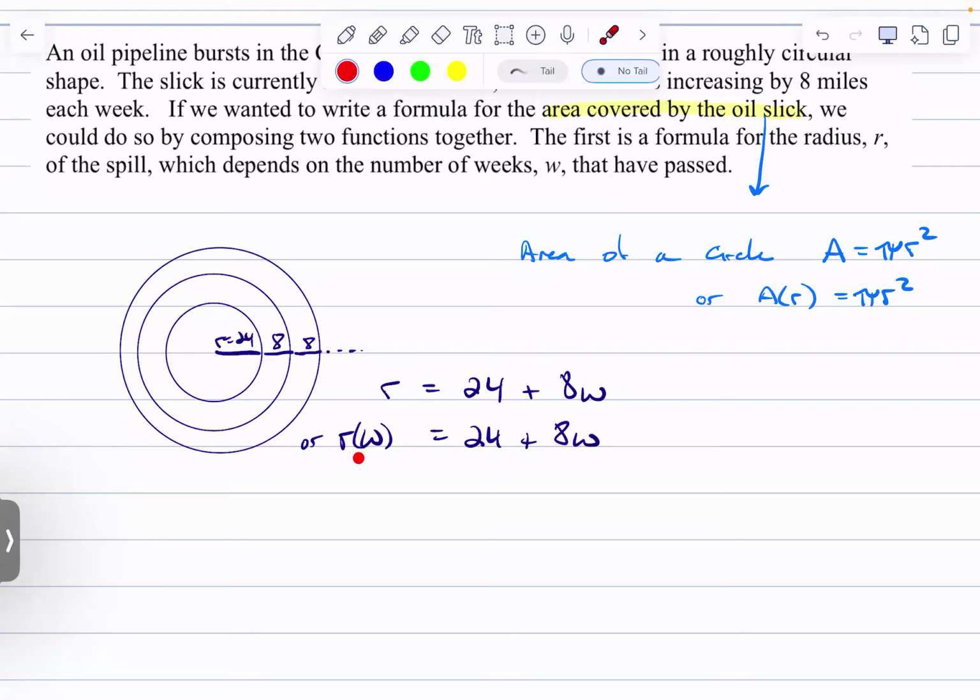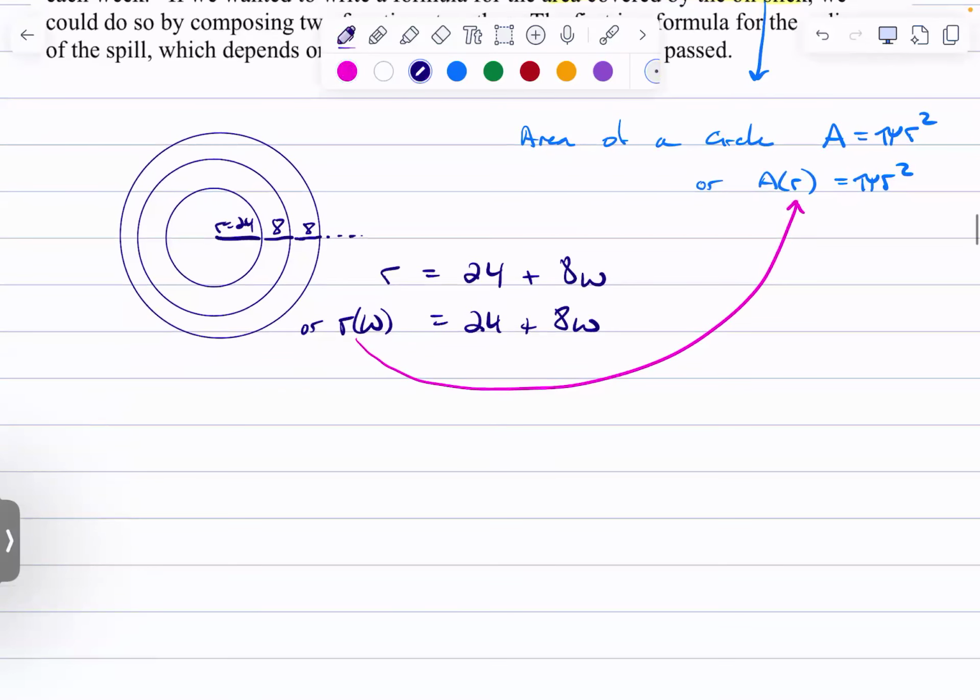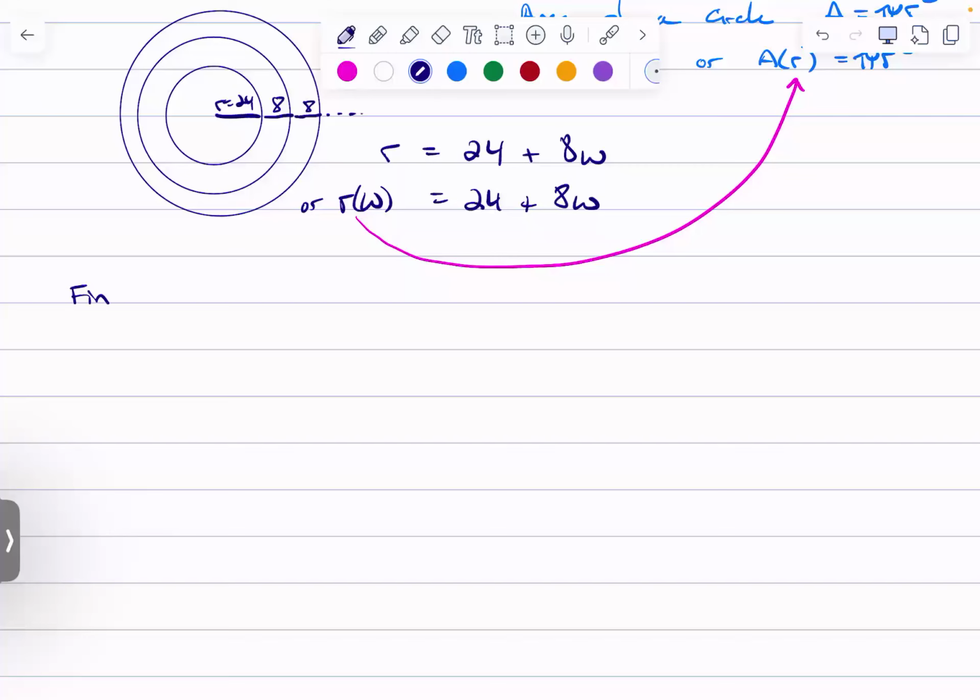Which means that the area of the circle takes r as the input, but really what we want is to find A of R of w. So R of w is inside A of r, and there we have a natural composition. Function composition.